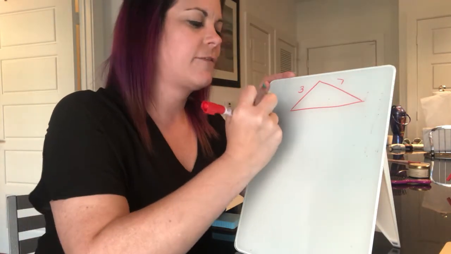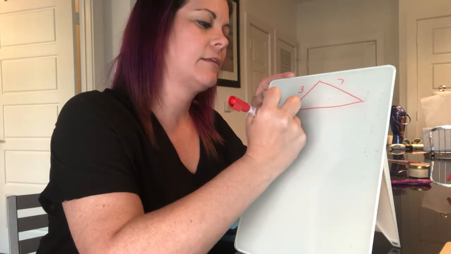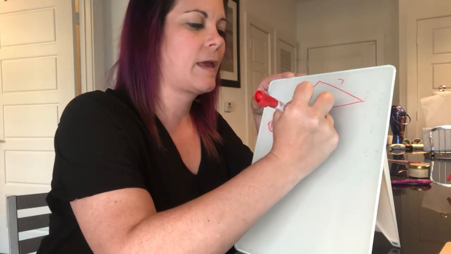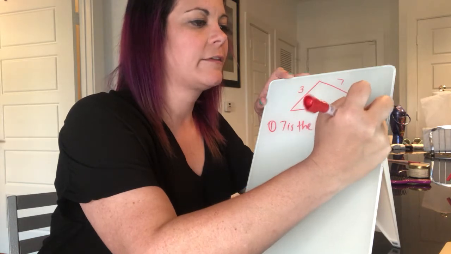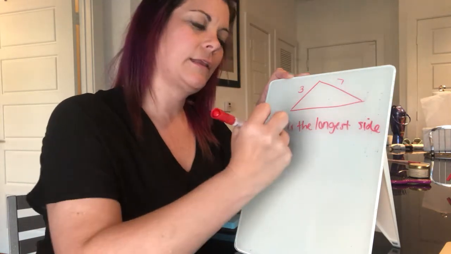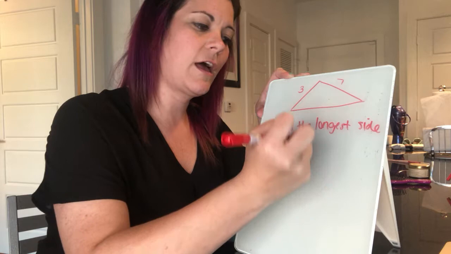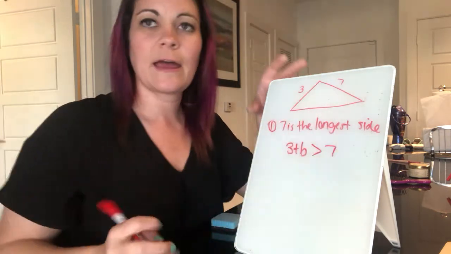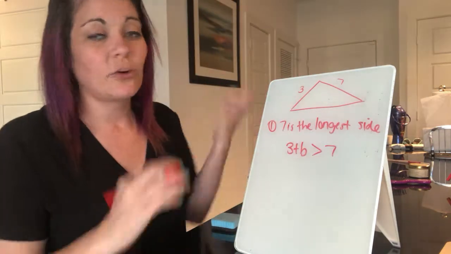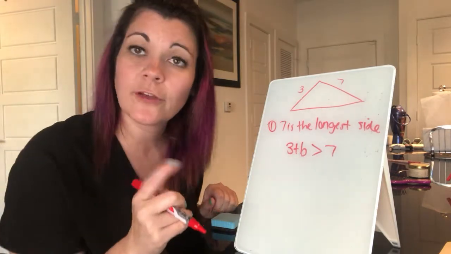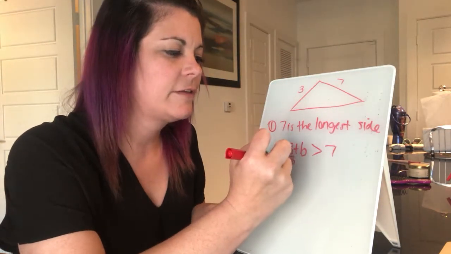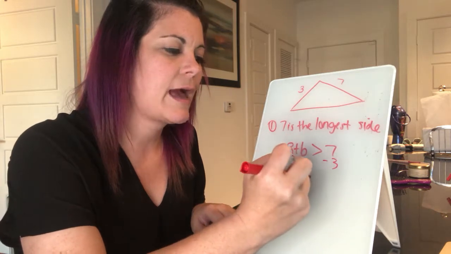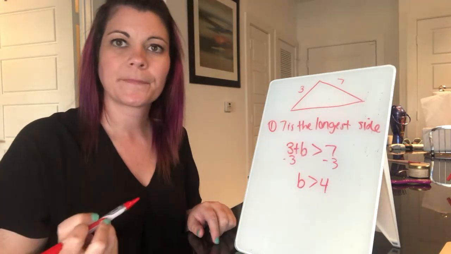So let's do our first scenario where 7 is the longest side. That means that 3 plus the other side has to be greater than that longer side. So we solve this inequality. If you don't know how to solve inequalities, please go check out my video. So we solve this inequality and we get B has to be greater than 4, okay?